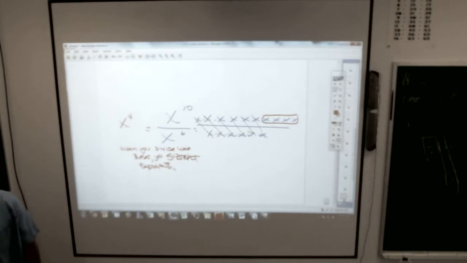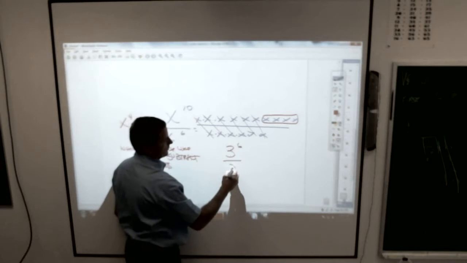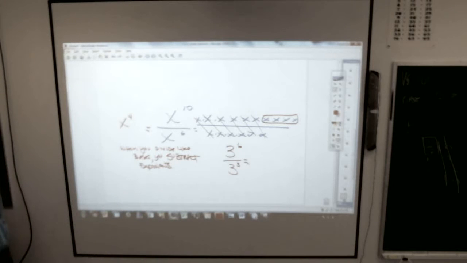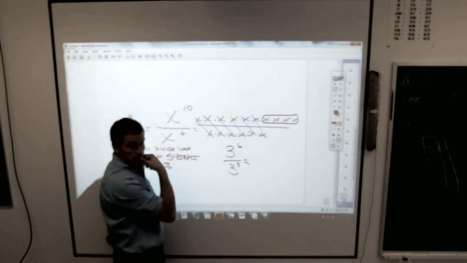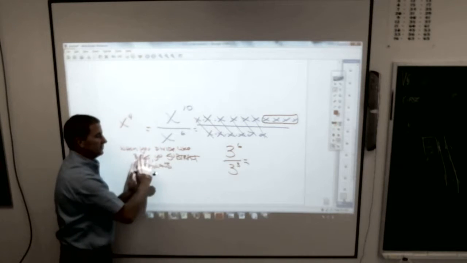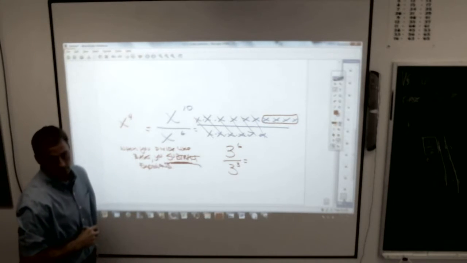Another case in point is this. 3 to the 6th power over 3 to the 3rd power would give me, let me review. When you divide like bases, you subtract exponents.